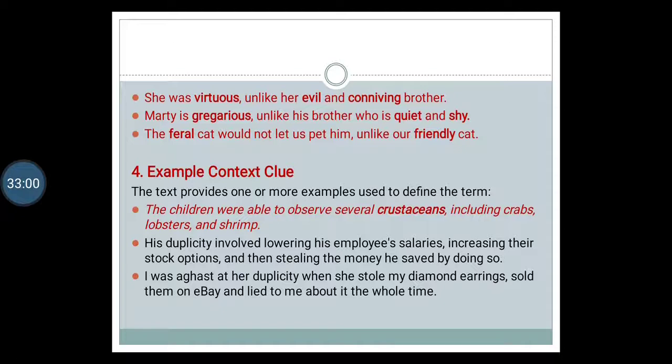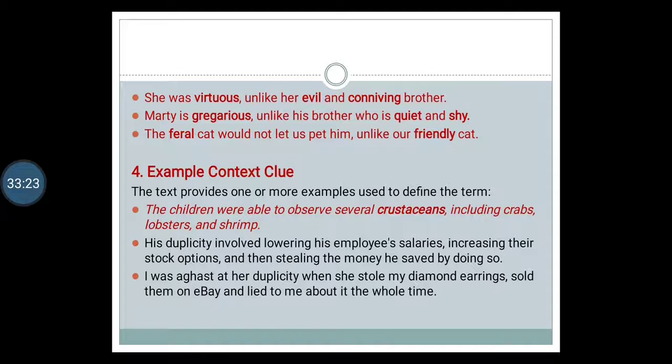The children were able to observe several crustaceans, including crabs, lobsters, and shrimp. So it makes you know that crustaceans are crabs, lobsters, and shrimps. Okay, the example helps you to know the category of these crustaceans.